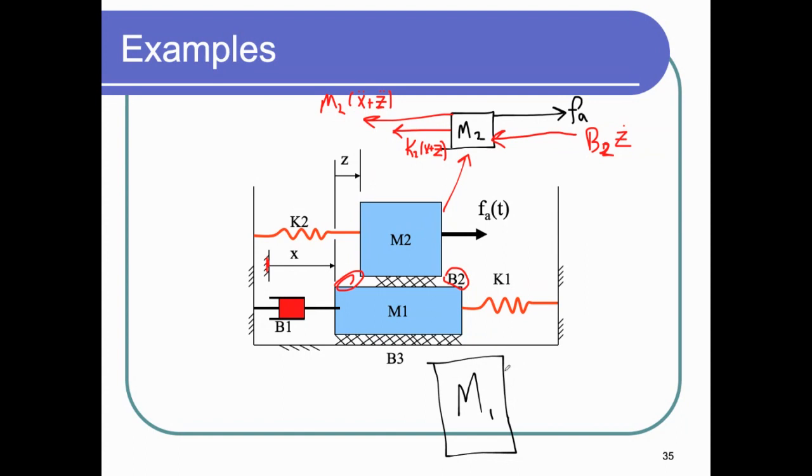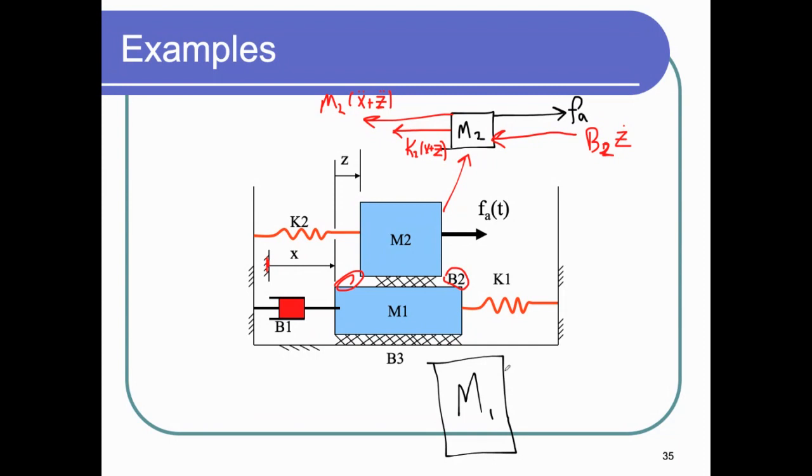Okay, K1 x, is it to the right? Is it helping mass 1 move further to the right, or is it making it move slower to the right? If it's helping it, then it's to the right.